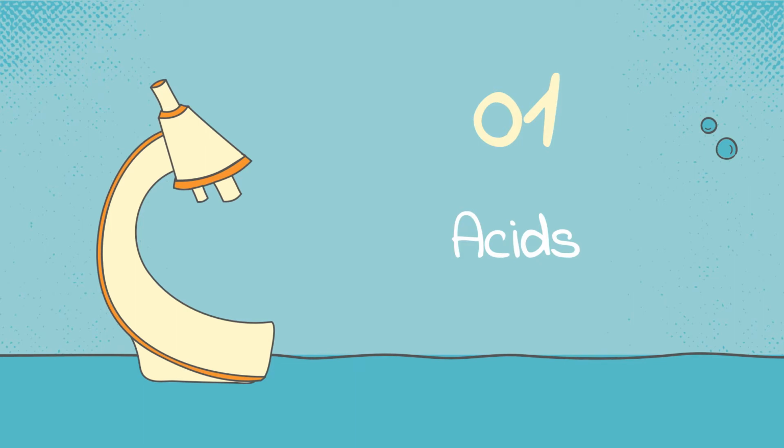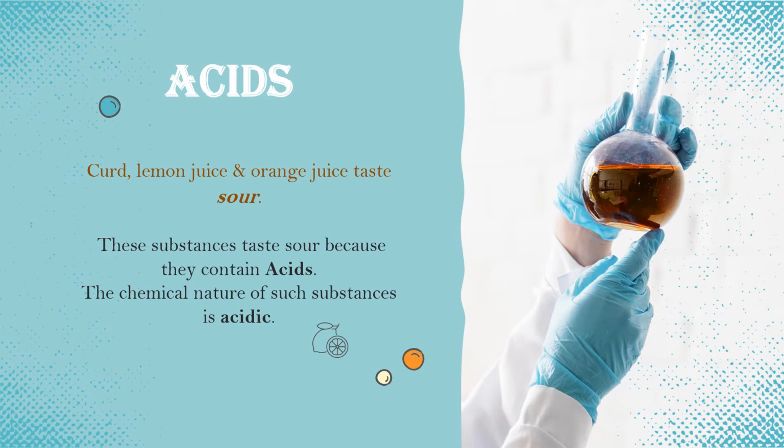Okay, so first we'll learn about acids. Substances that taste sour contain acids, because of which curd, lemon juice, orange juice, all of them contain acids, right? And substances which contain acids are called acidic in nature. Now you must be wondering, aren't acids harmful to us, like if you would have seen movies or just read about it in the newspaper?